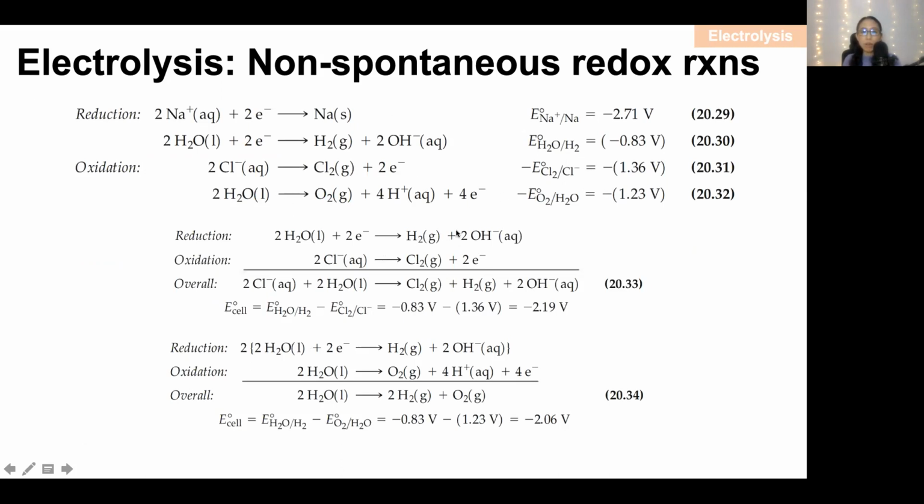So let's take a look at the overall reaction. So ang pagpipilian na lang natin yung dalawang oxidation. Kasi ito na-set na natin na reduction ng water yung most likely mangyayari, kasi mas mababa yung absolute cell potential niya.